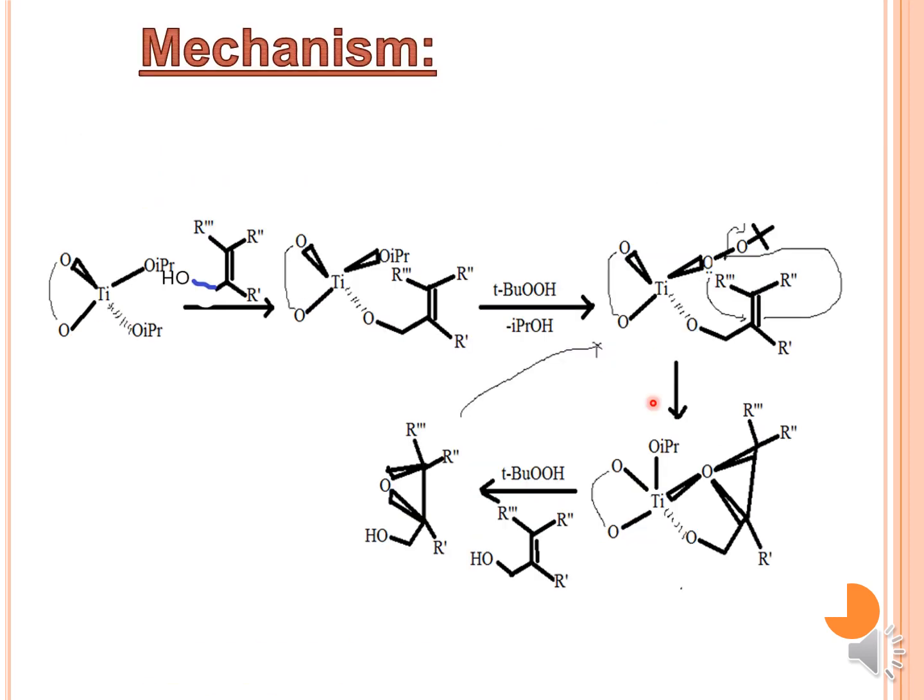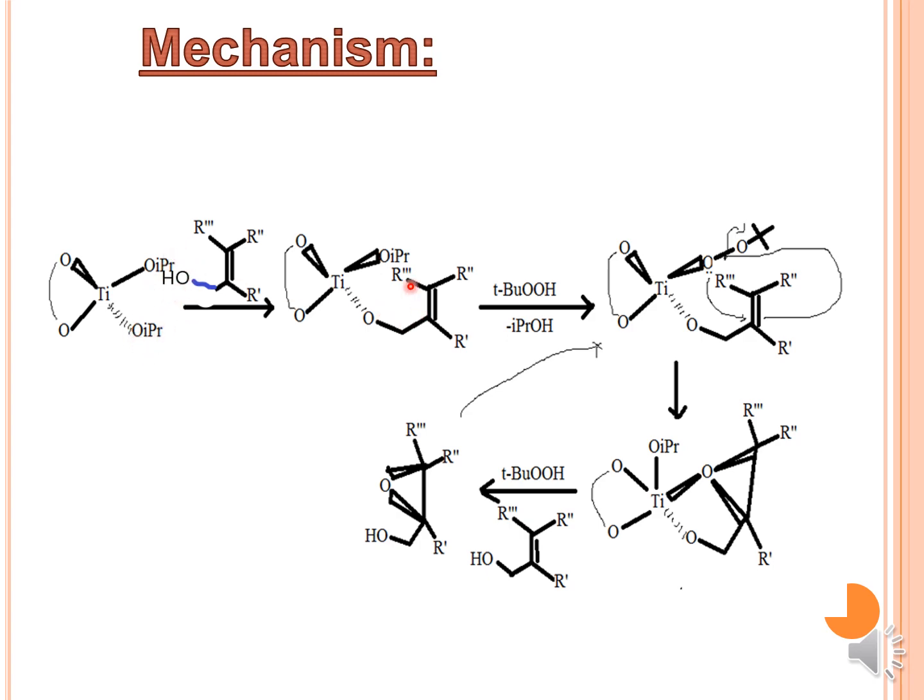So in the mechanism part, what happens here is, you are taking the titanium tetraisopropoxide upon treatment with the allylic alcohol. One of the IPrOH will get cleaved out from here.